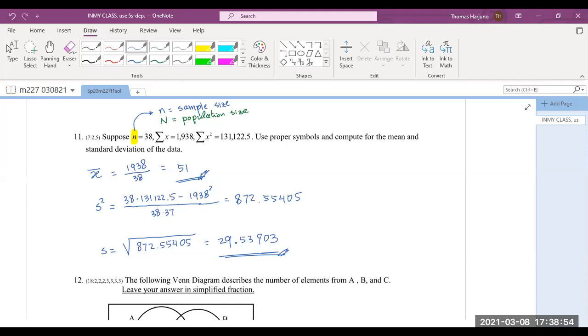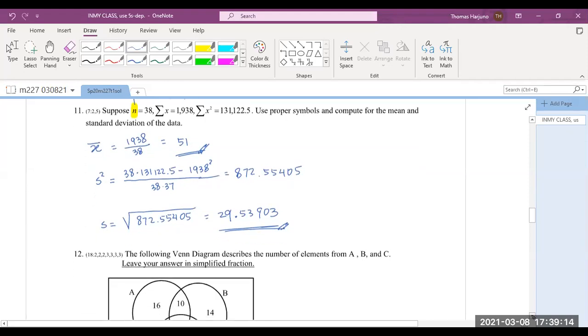Yeah, that happened to be precisely 51. Okay. 1938 divided by 38. That is exactly 51. Okay, let's go on with the next one.